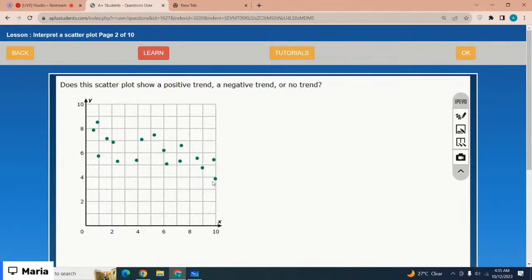So that would be the negative trend. Negative trend, right?